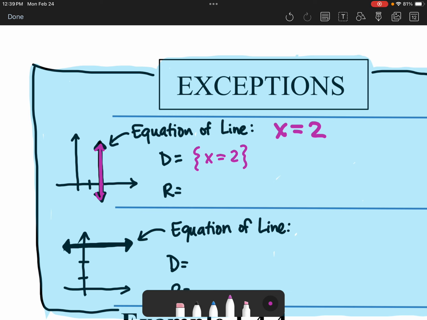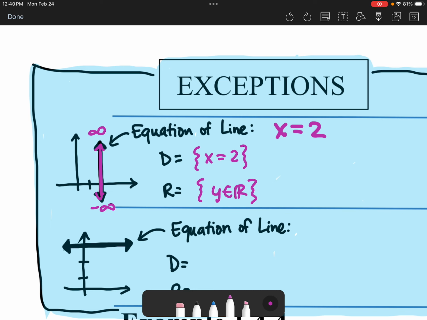The range talks about what our possible y values are, and that could be anything. It can go down to negative infinity, and it could reach positive infinity. So in terms of our range, that has no limit. So our range is y ∈ ℝ.